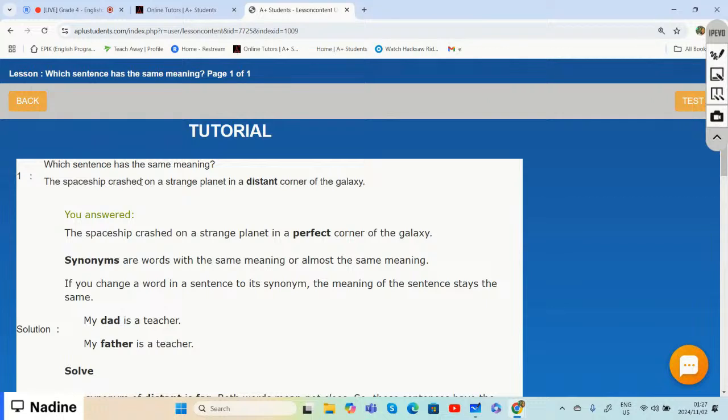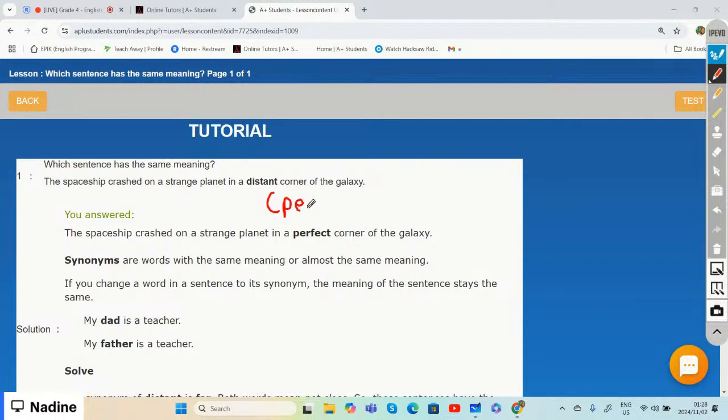What is another word for distant? Do we say it is perfect, or do we say it is far? Which one is correct?